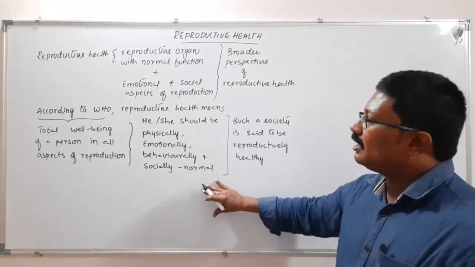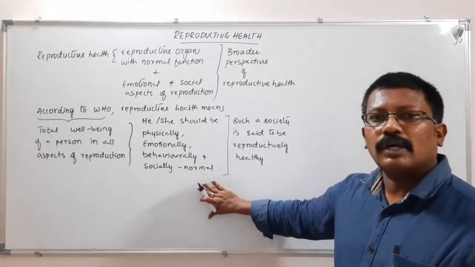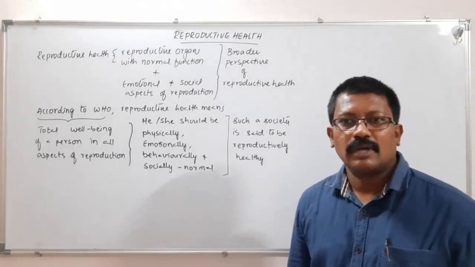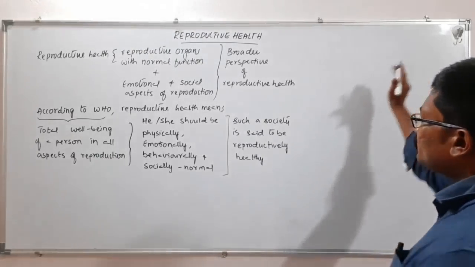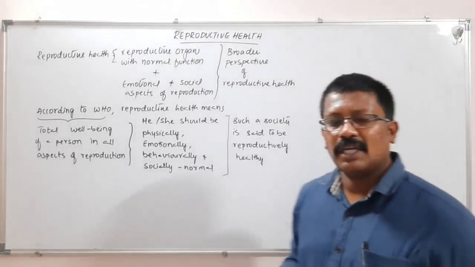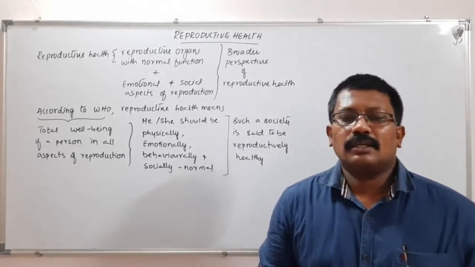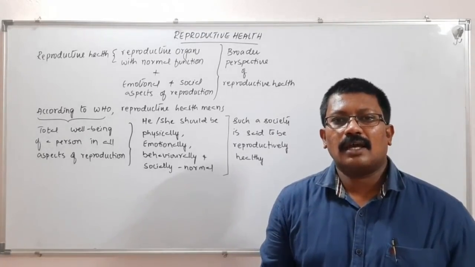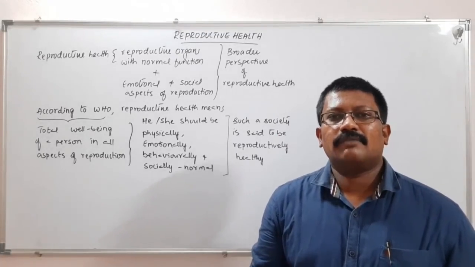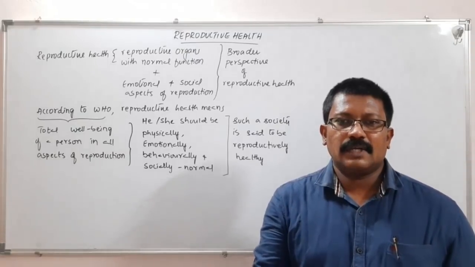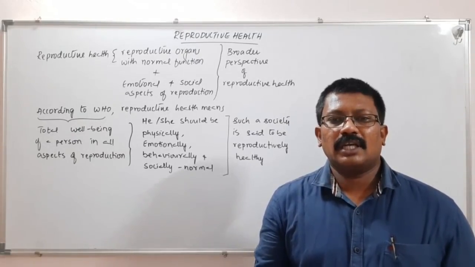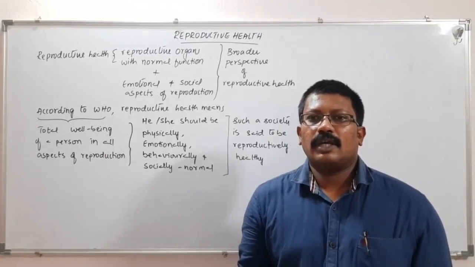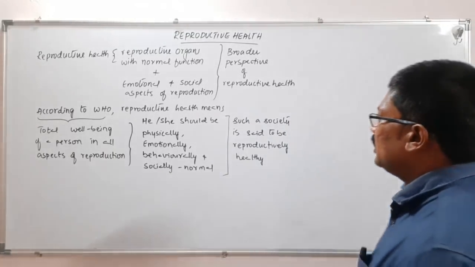So this is how WHO defines reproductive health. Now, what is the significance of maintaining a reproductively healthy society, and what will be the different methods to achieve such a society? All these things we'll discuss in the coming sessions.